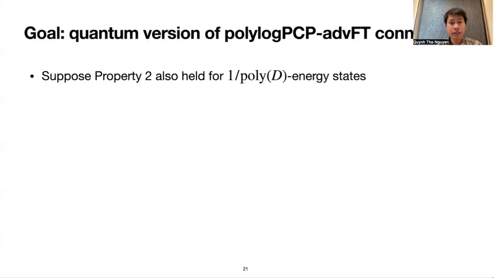The goal that we still fall short of achieving in our work is to establish a quantum version of this polylog PCP and adversarial fault tolerance connection. The main open question is to prove property 2 for 1 over poly D energy states.